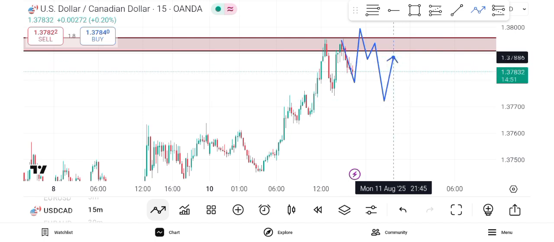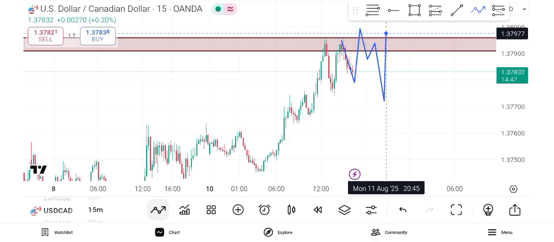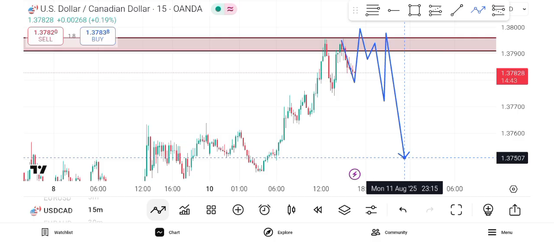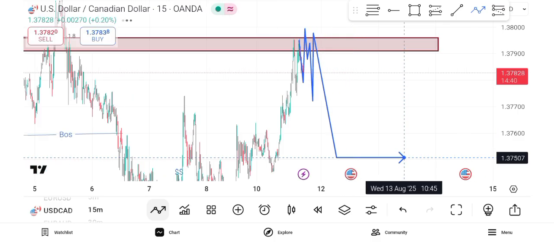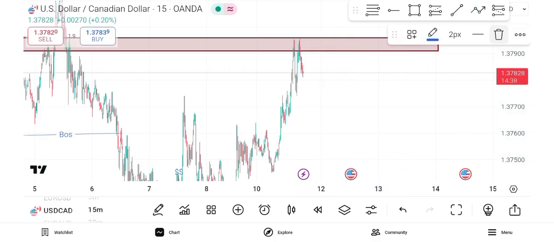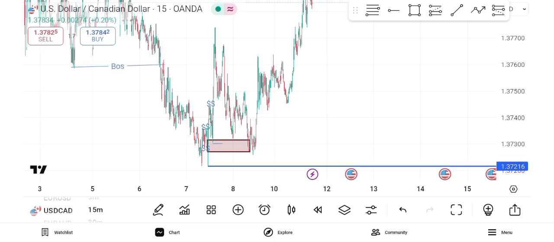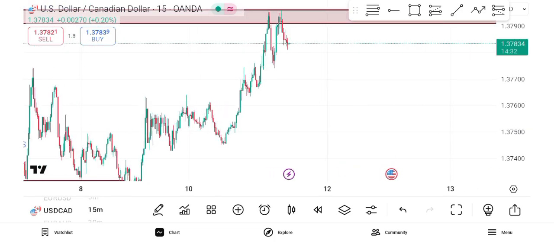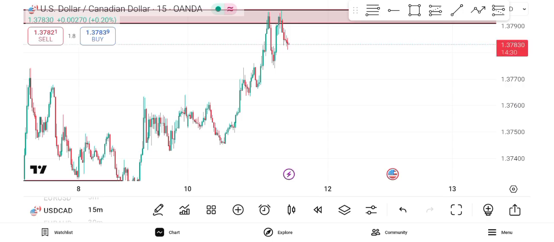Anytime the market taps into our POI, we can now take our sell. You sell to whatever you want, but our sell entry must be from this retracement, this swing low. That's where you can sell to. I think I'm clear about this.